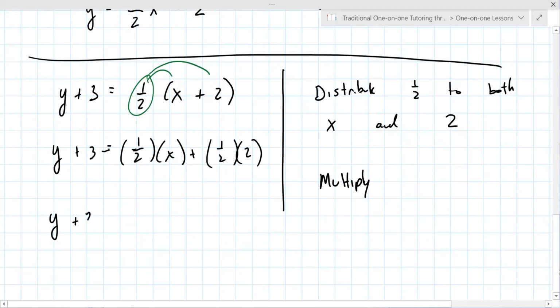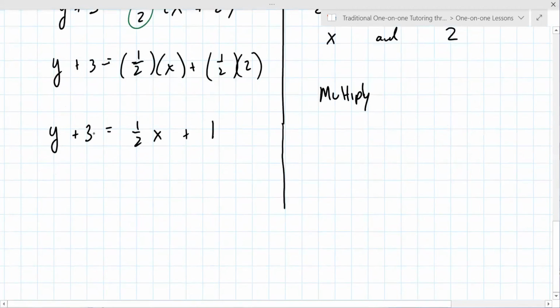Sorry, the next thing you're going to do is multiply. So it's 1/2 x plus 1/2 times 2 is 1. Okay, so now, again, you're trying to get y by itself. So this plus 3 is in the way. So you're going to subtract 3 from both sides.